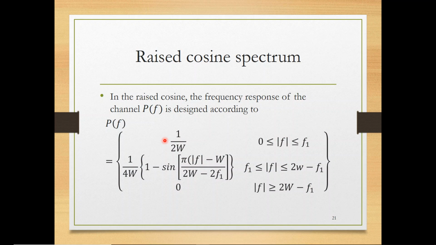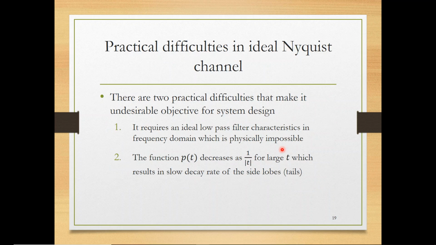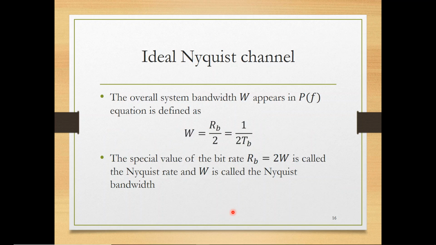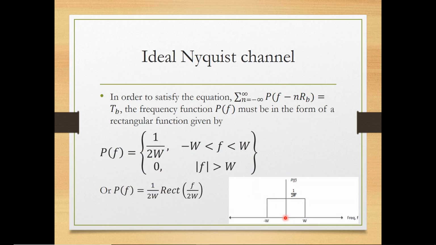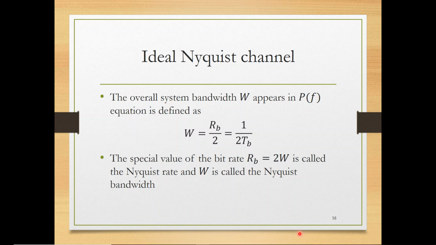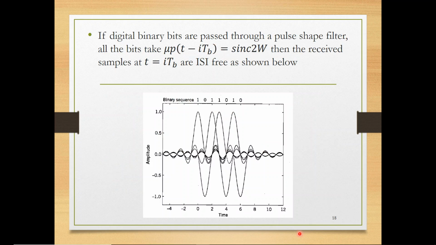The mathematical formula of this pulse is as follows. From 0, I define a new frequency between 0 and W. Between 0 and W, I define a frequency F1. Before F1, I use the normal rect.